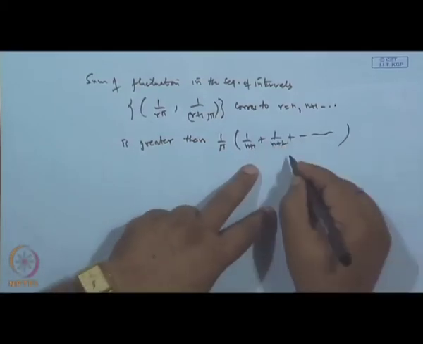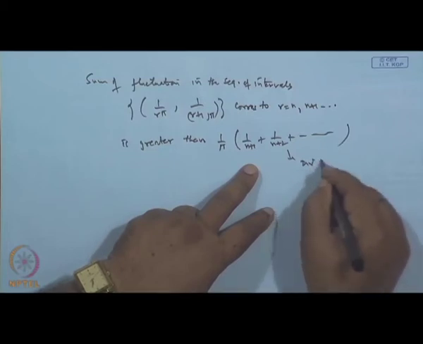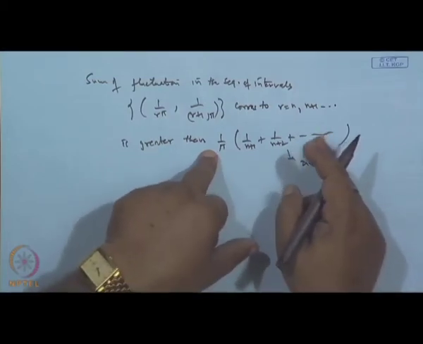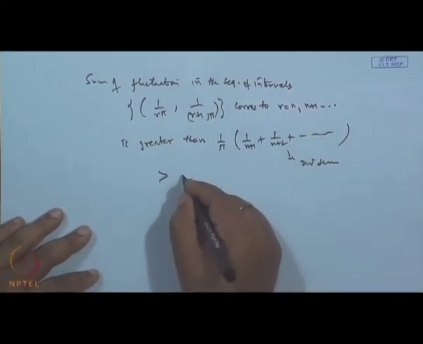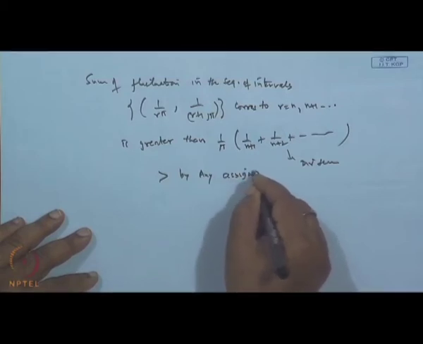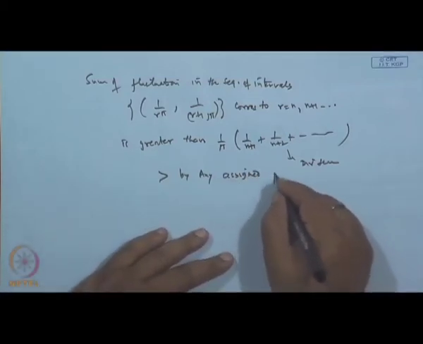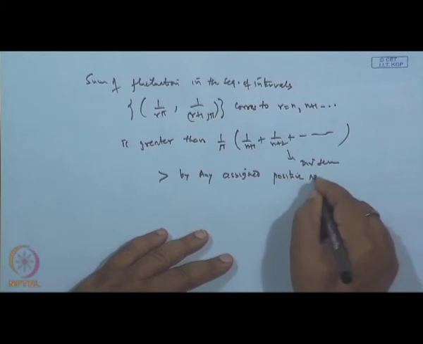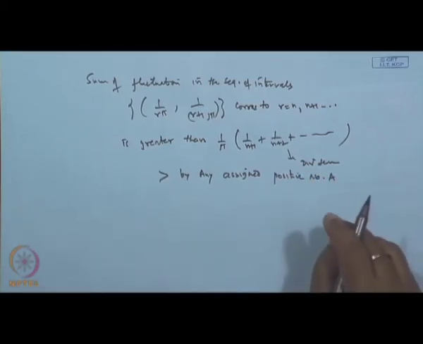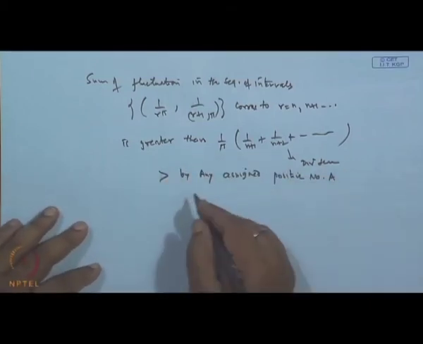But this series is a diverging series. So, this cannot be made as small as we please; it is greater than any assigned positive number.